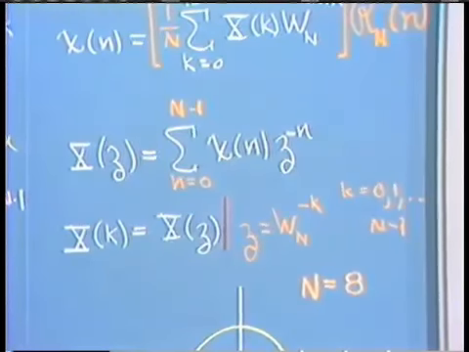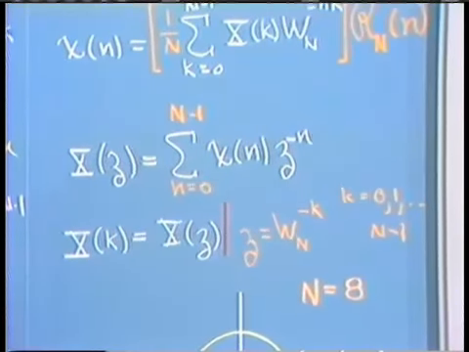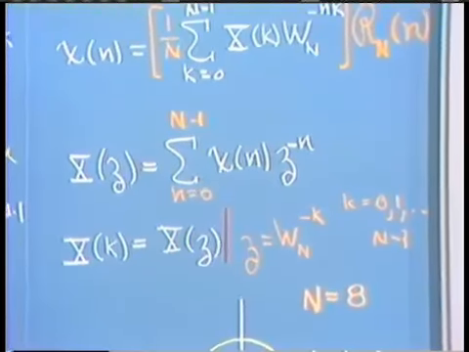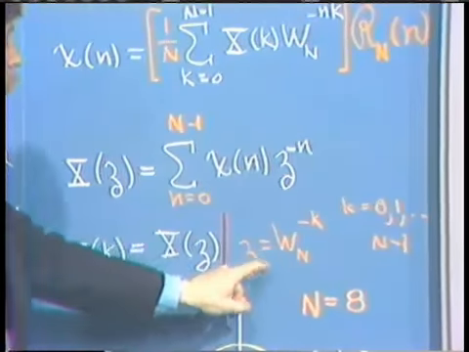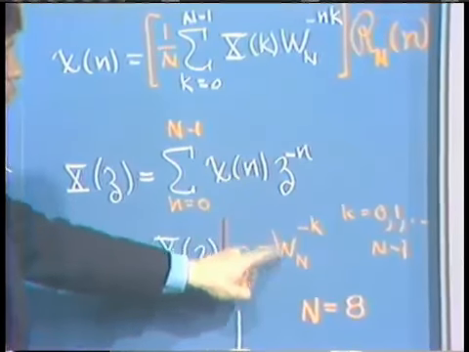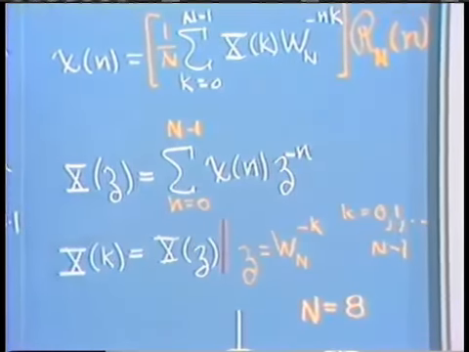What that says then is that the discrete Fourier transform corresponds to samples of the Z transform. And where are those samples? Well, those samples are on the unit circle because the magnitude of W is equal to 1.